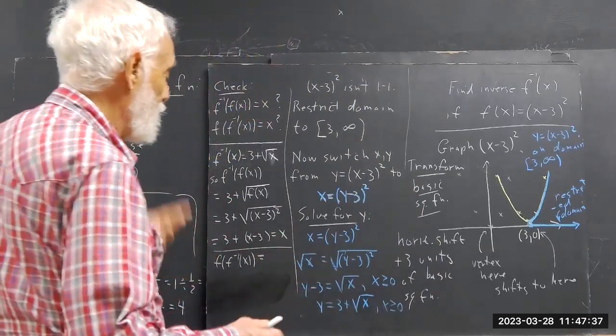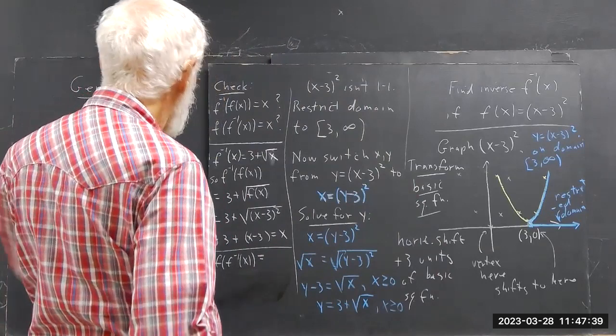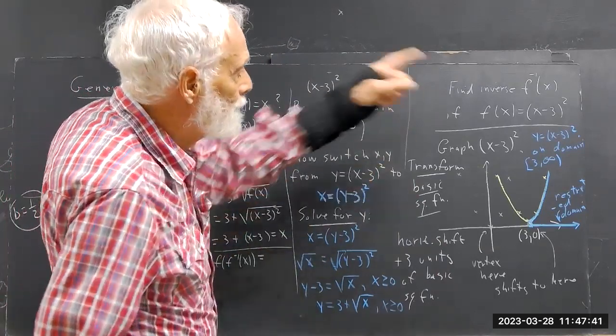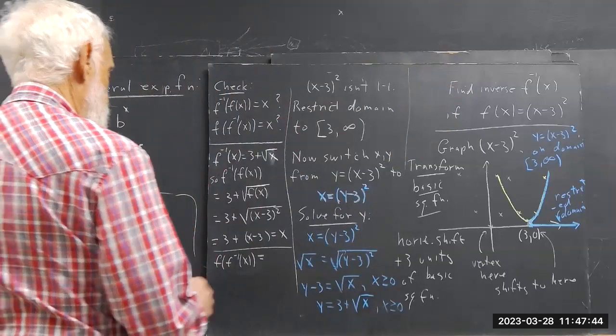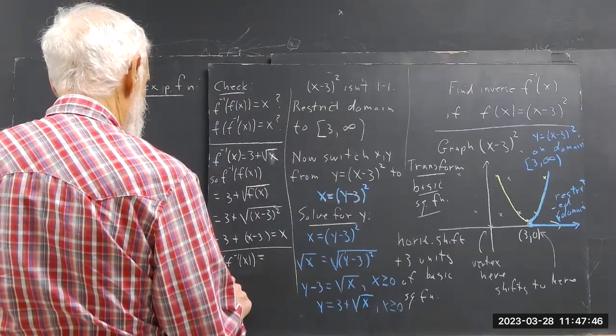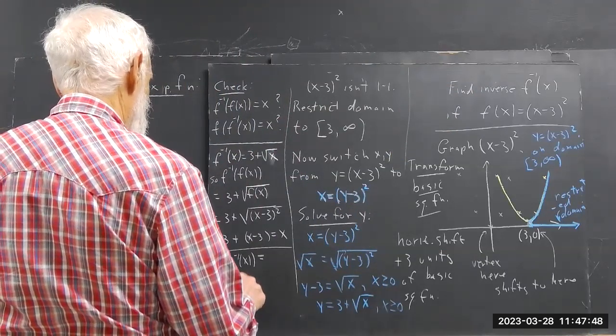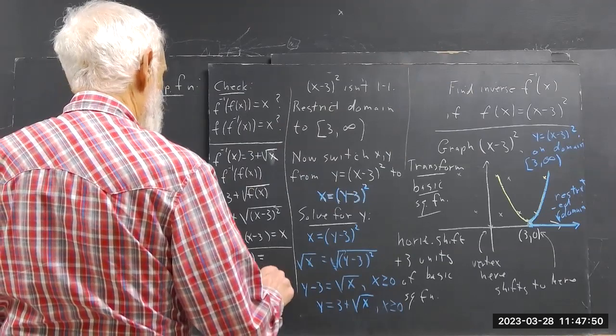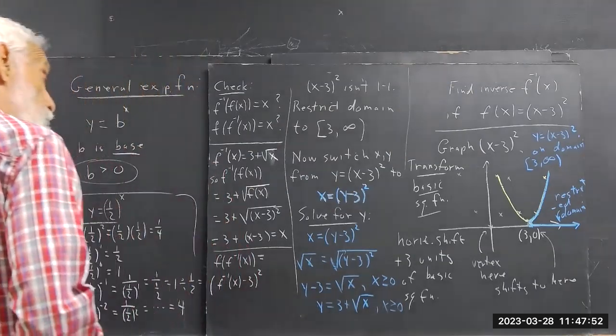So f of x is (x minus 3) quantity squared. So this would be f inverse of x, minus 3, quantity squared.